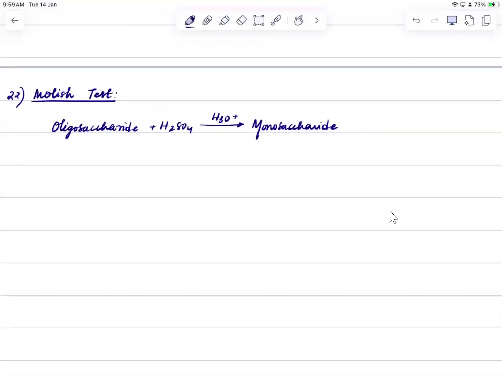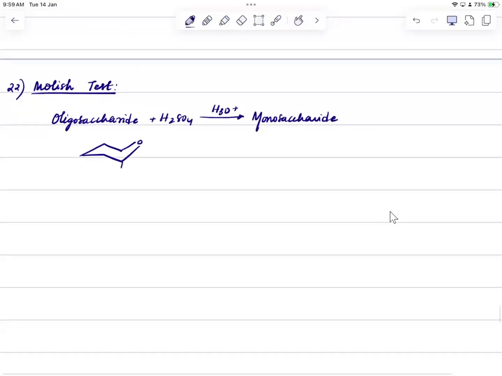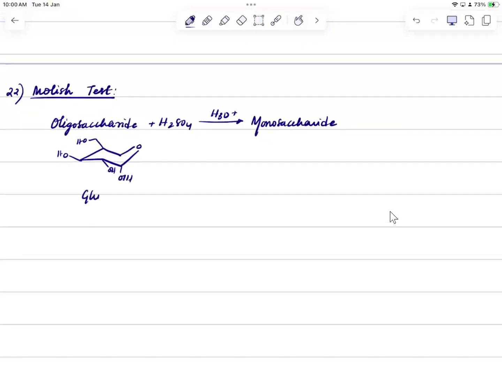For example, if you take the benzene form here, we'll have OH like this, some OH here, OH here, correct? And OH here like this. Okay. Sorry, I mean the glucose form.